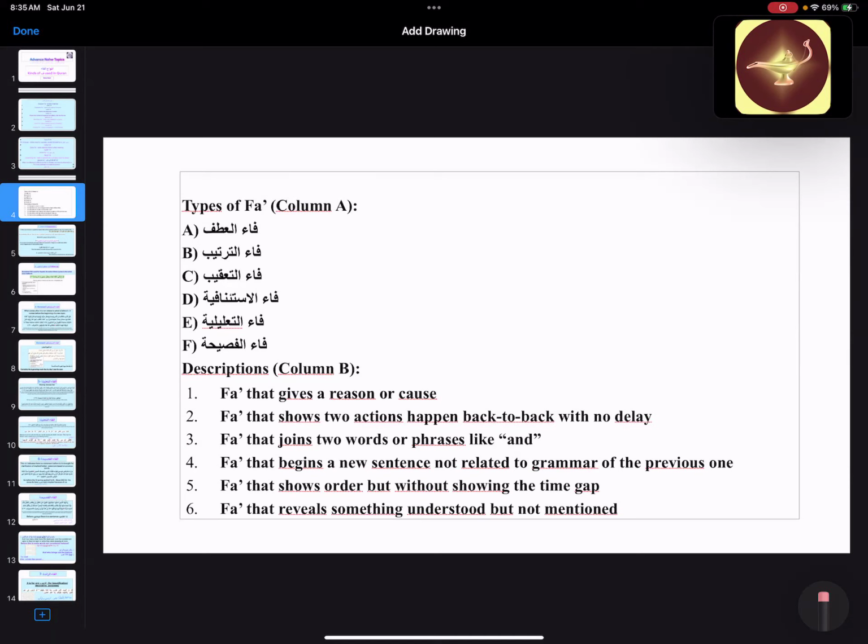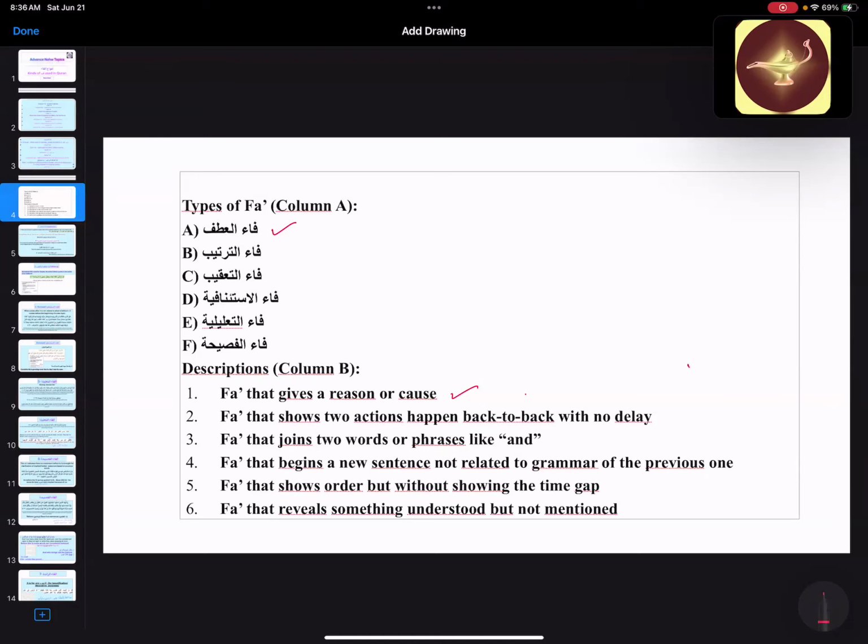Fa ataf, the first one in the first column over here, matches with number 3. And then we have fa that gives a reason or a cause. That would be ta'liliya.